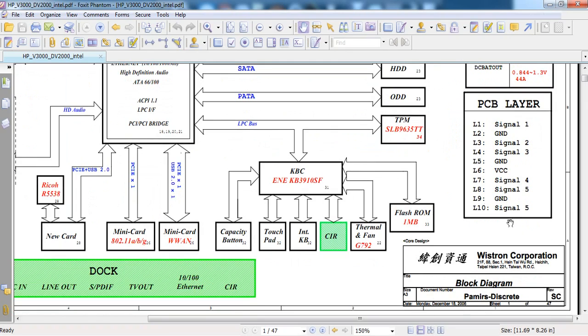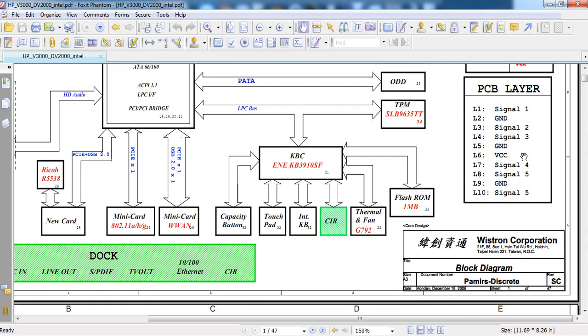So the top layer and bottom layer, layer 3, layer 4, layer 7 and layer 8 are used to transmit the signals between the components, and layer 6 is used to supply voltages, the main input voltages.